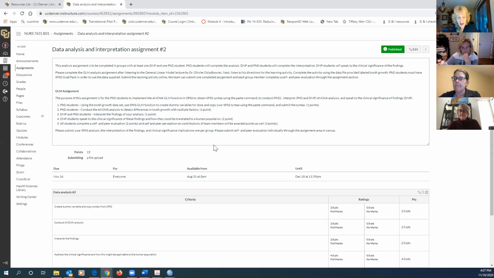When you have the same variables that you need to create a dummy variable for, that you're going to analyze multiple different ways, and you go through this process in SPSS every single time for every step of the analysis, it takes a whole lot more time.